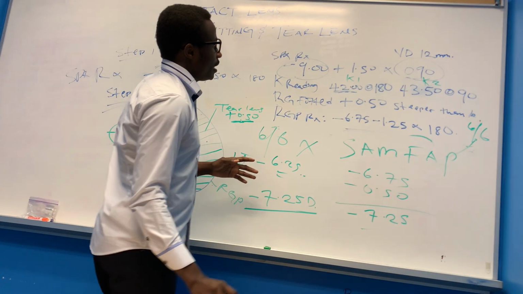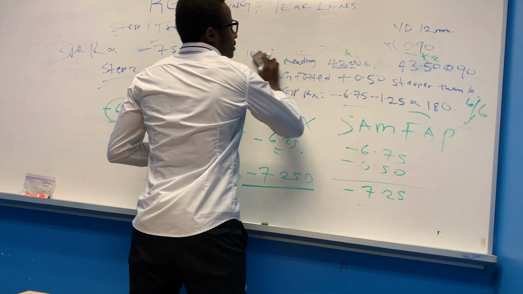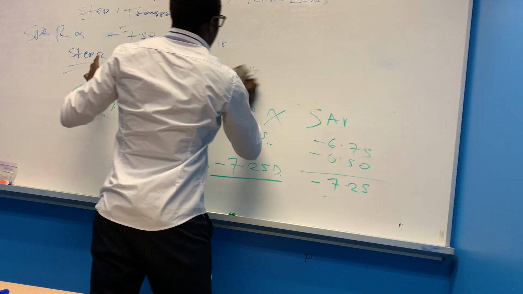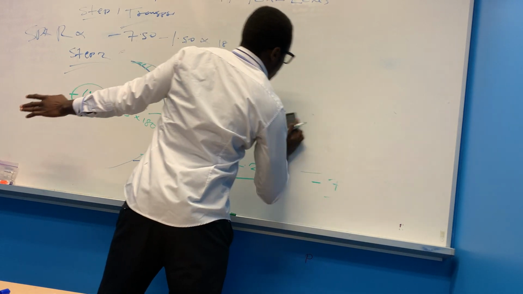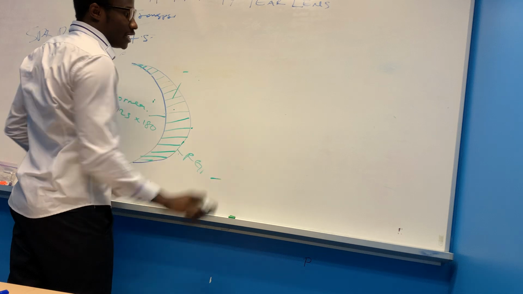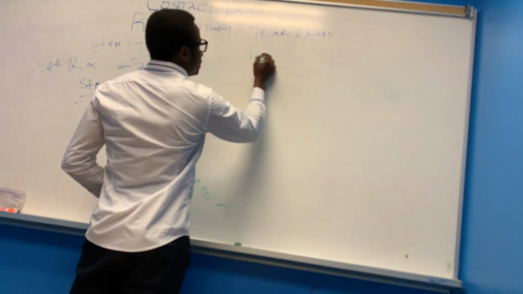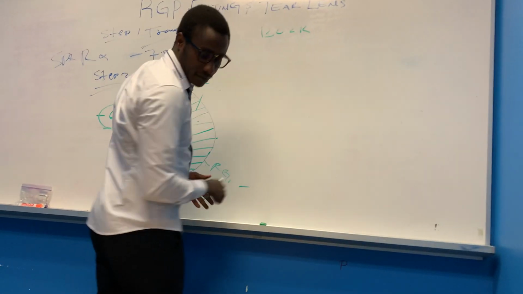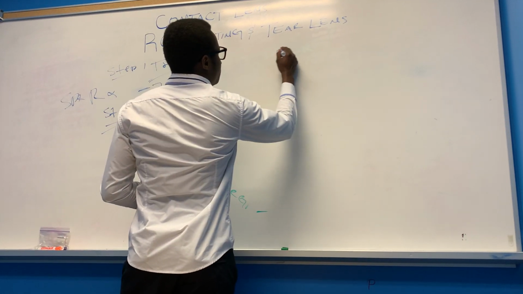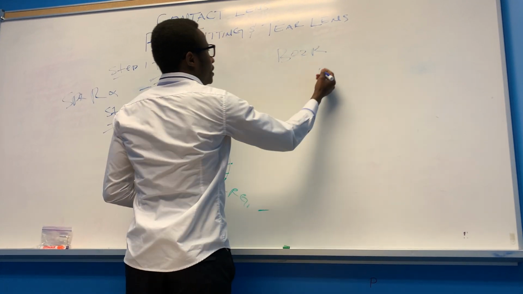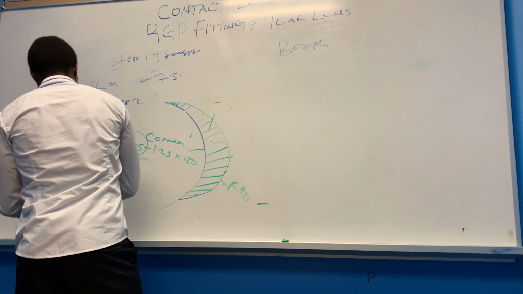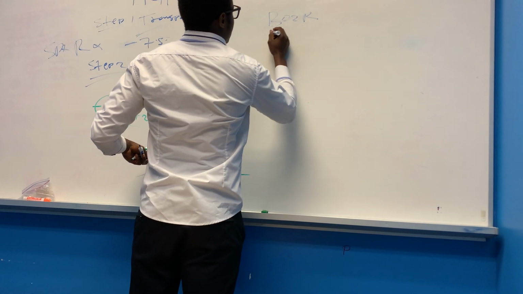Then I still want to bring this to your notice that when we are fitting for RGP, we also need to consider the base curve of the RGP lens, BOZR, base curve of the RGP lens, and the diameter.